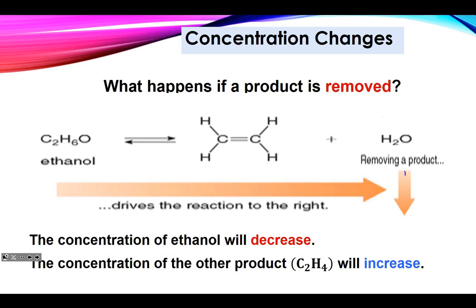Well, if I remove it, I've got my arrow pointing down here. It can't cross unless the arrow came from back here and then went down. Does that make sense? So because of that, I'm now moving some of this over here. I'm going to have less ethanol. I'll have more ethene, and I'll have more water because I'm trying to fill that hole. Does that make sense? Okay?